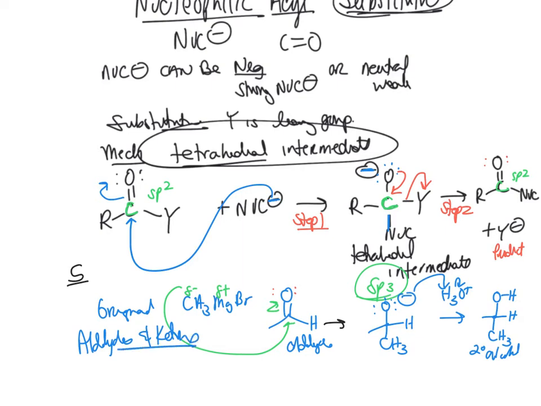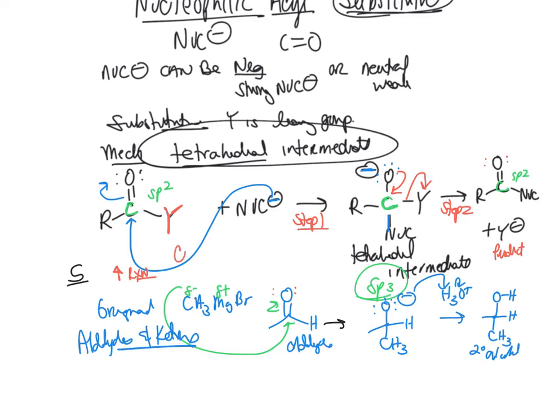How does leaving group ability affect the reactivity of the carboxylic acid derivative? So the better the leaving group, the increased the reactivity. The better the leaving group, the faster the reaction. From the table shown in problem 4, rank the leaving groups from the best to the worst.